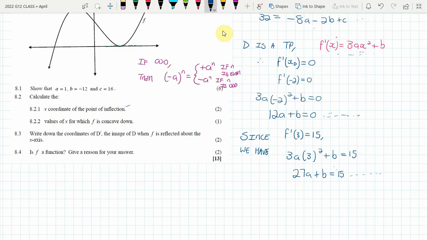Now let's say this equation is equation 1, and let's say this one is equation 2. Now we can make a variable the subject from any one of these.